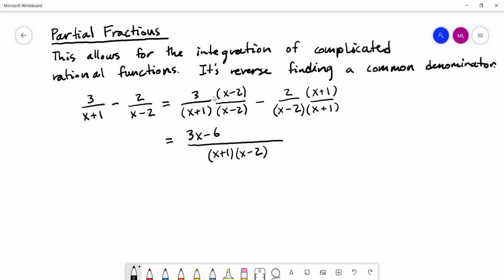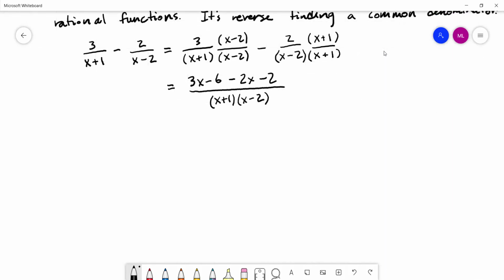Now I want to take the minus sign into account and do the second distribution, so we'll get minus 2x minus 2. Simplifying the numerator, I have 3x and a minus 2x, which leaves just an x, and a minus 6 and a minus 2 for a grand total of minus 8.